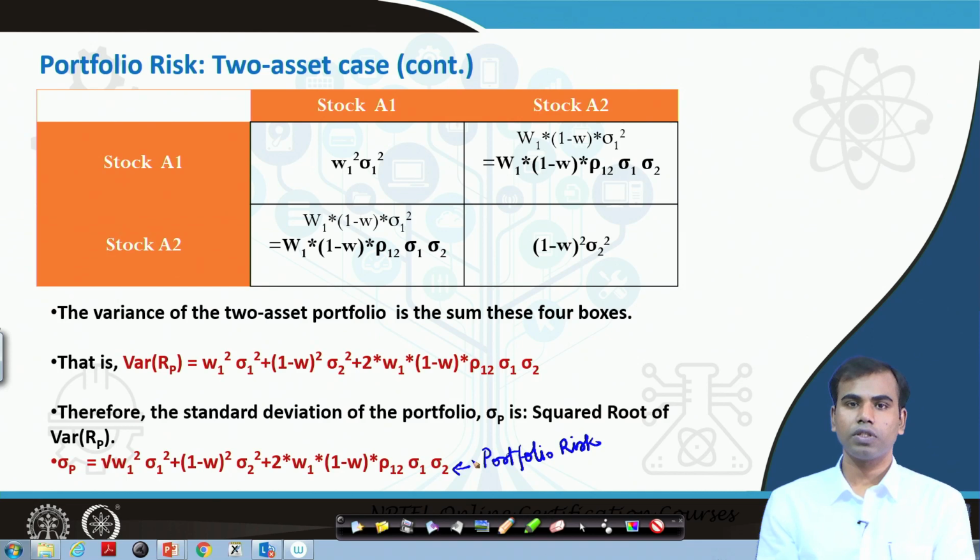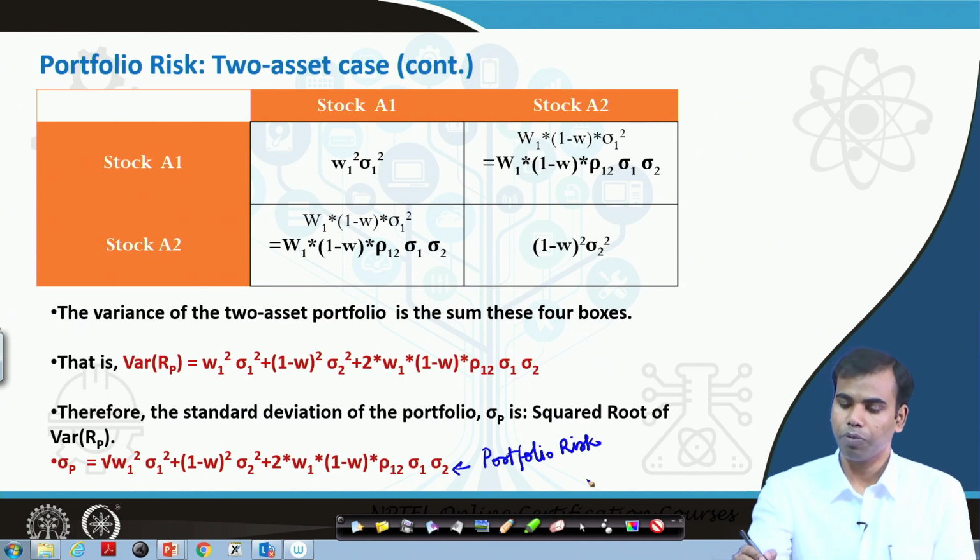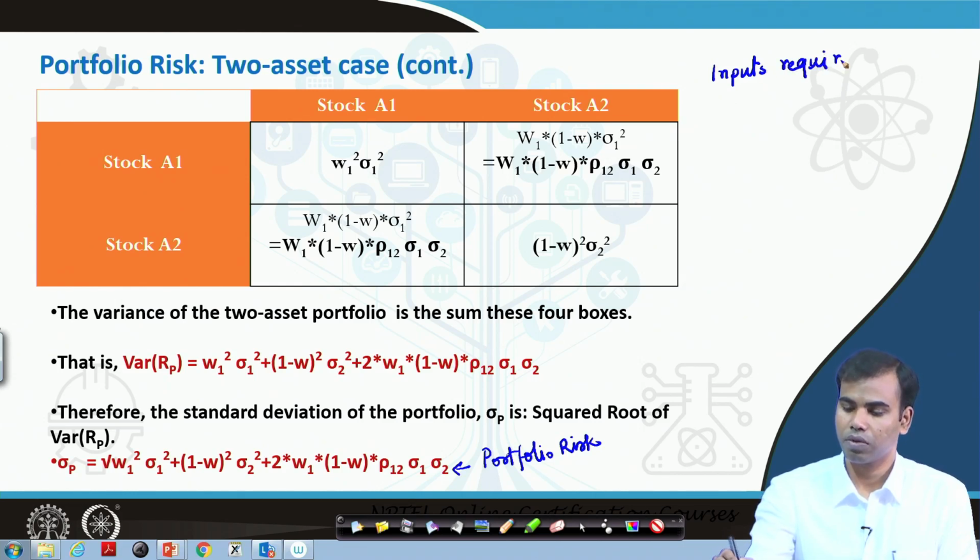So, when we have the sigma of the portfolio calculated using the components, the inputs that we need to calculate the risk of the portfolio are basically weights, so weights assigned to each of the investments.